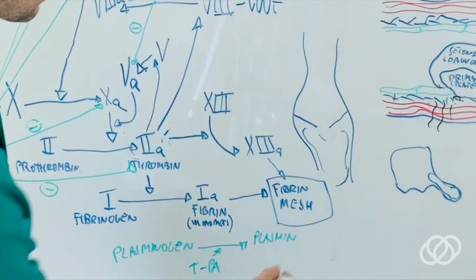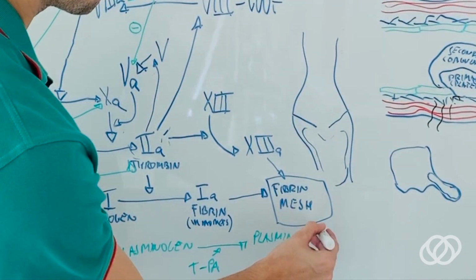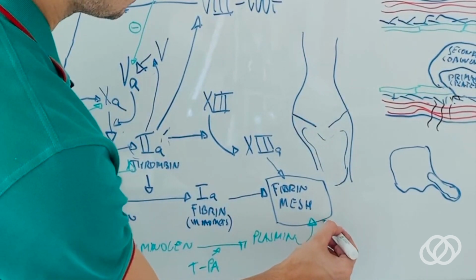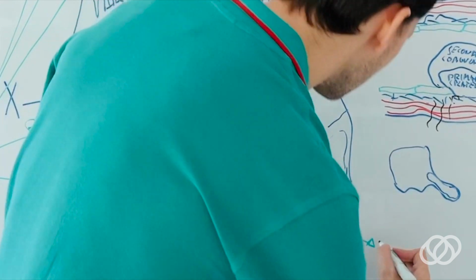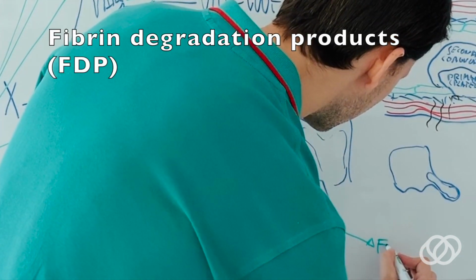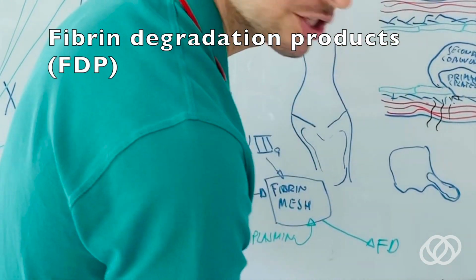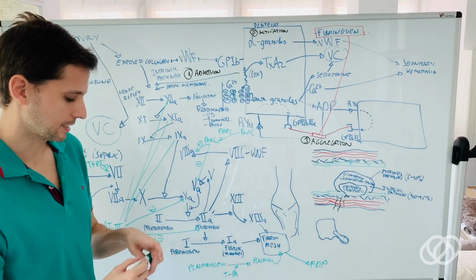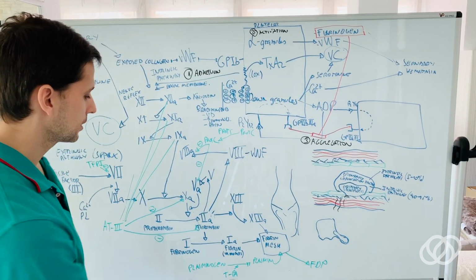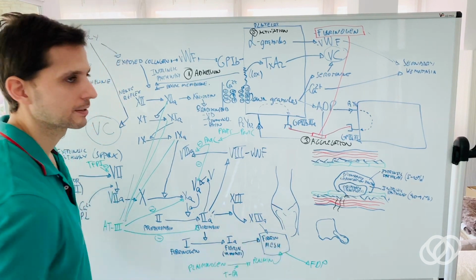This plasmin can act on this fibrin mesh and can lead to fibrin degradation products. That is a physiological way for the body to try to break the clots.